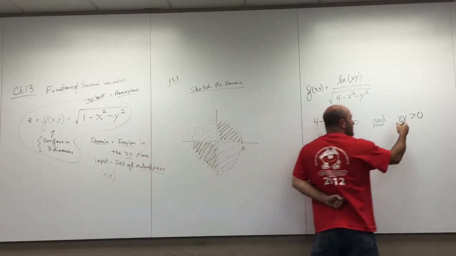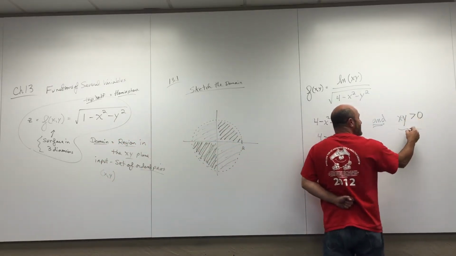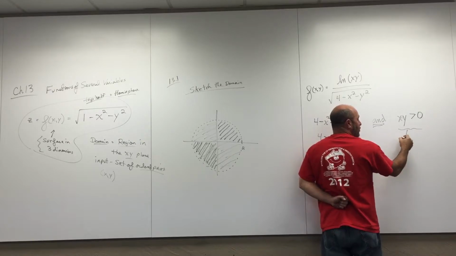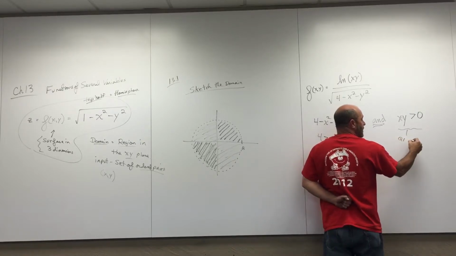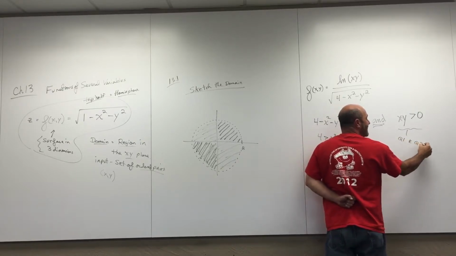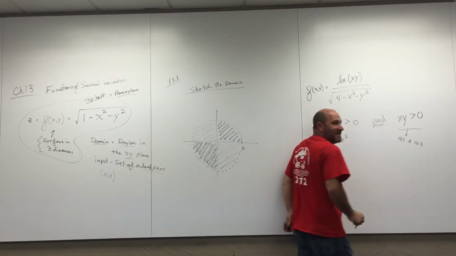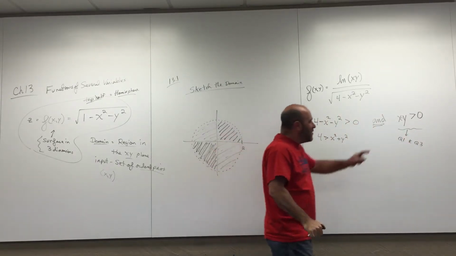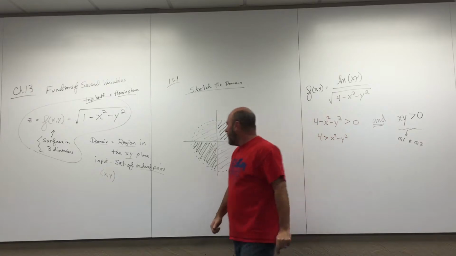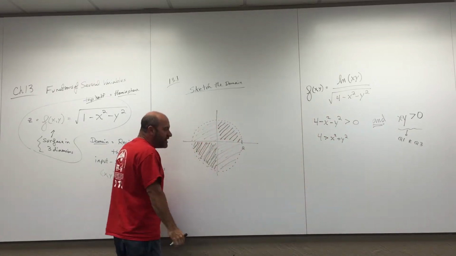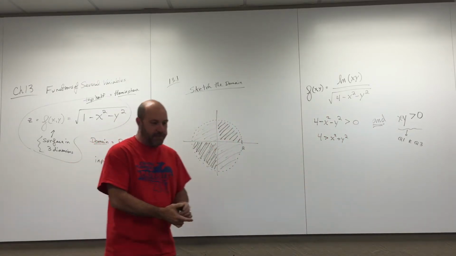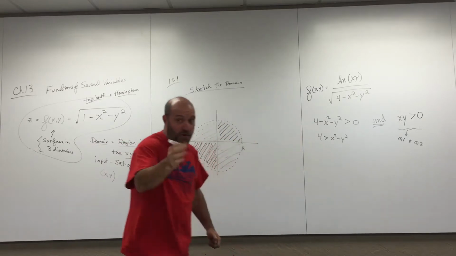Putting this into words would be ordered pairs in quadrant 1 and quadrant 3. By the way, though, again, we don't want it to equal 0. So, you know what I'm not including? What am I not including? The axes, the borders, right?